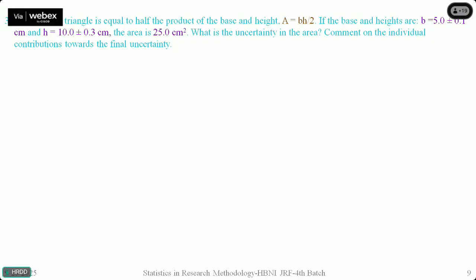Then you make a comment on which one has got the larger contribution towards the uncertainty out of base and height. Out of base and height, which has got the larger contribution towards the relative uncertainty.